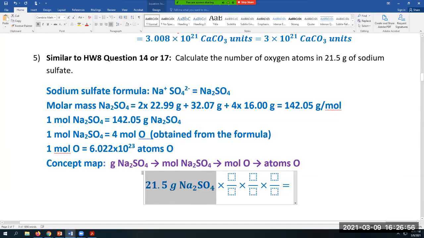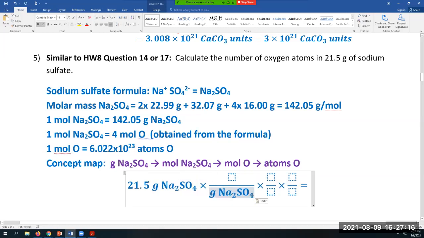So we want to multiply by the first conversion factor that will change the grams of sodium sulfate to moles of sodium sulfate. So this is the molar mass we need now. And because we have grams of sodium sulfate in the numerator, we want grams of sodium sulfate in the denominator.